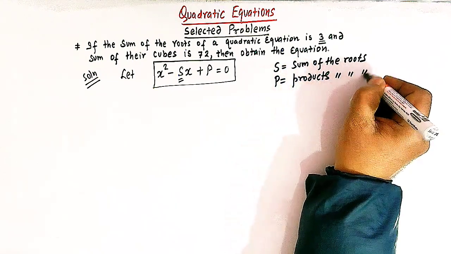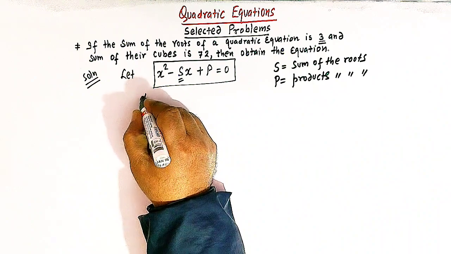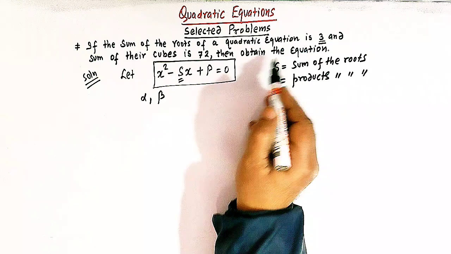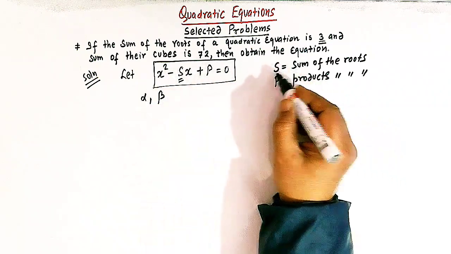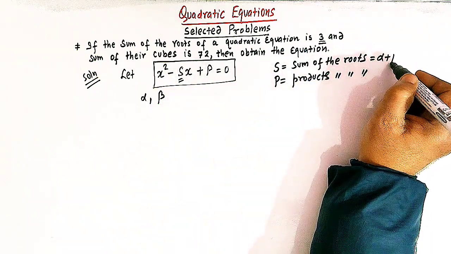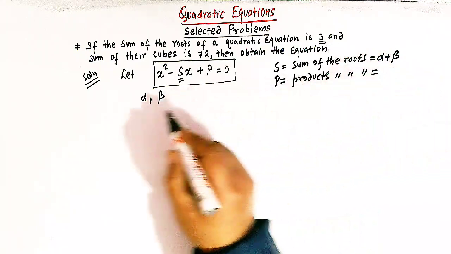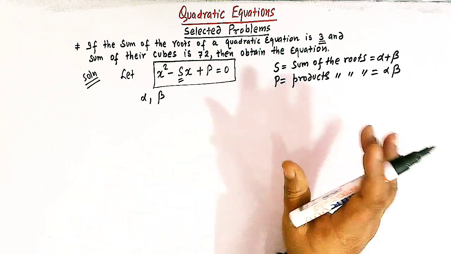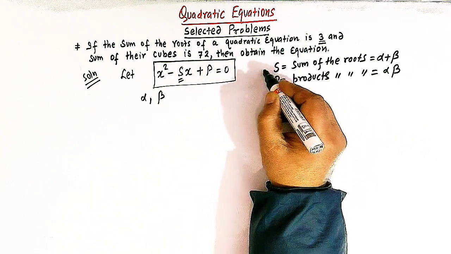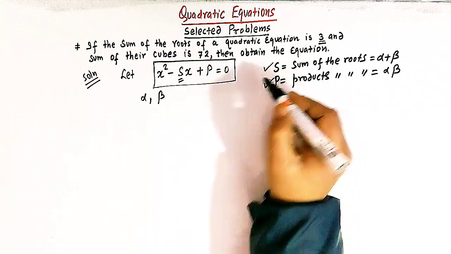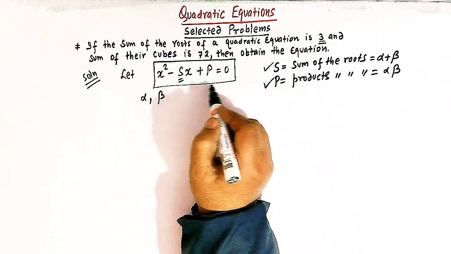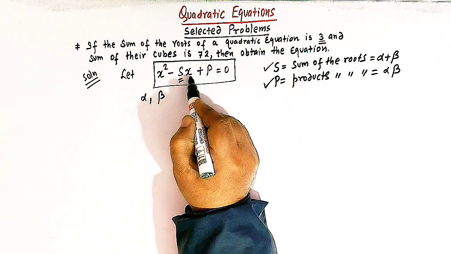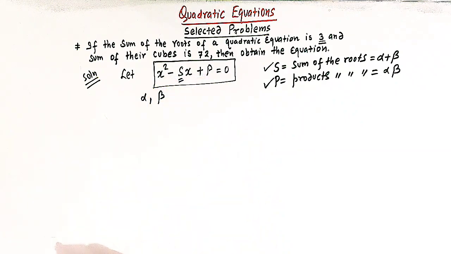If we take alpha and beta as the roots of the equation which is to be obtained, then s is alpha plus beta, and the product of the roots is alpha times beta. So whenever we are given the sum s and the product p, any quadratic equation can be written in this form, that is x square minus sx plus p is equal to 0, right?